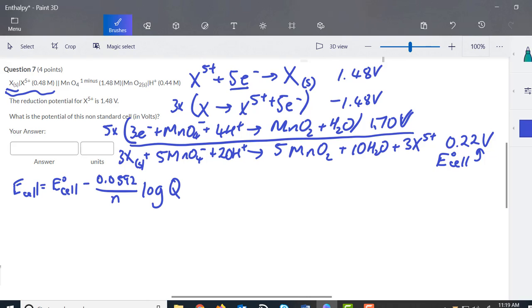We still need to get a Q value, and we'll do that by doing products over reactants. And we got X5 plus cubed over MnO4 minus to the 5th and H plus to the power of 20.